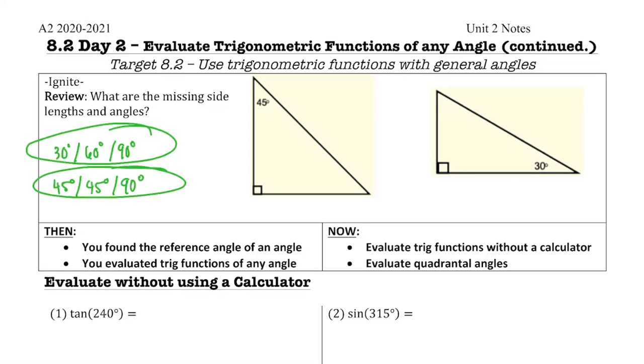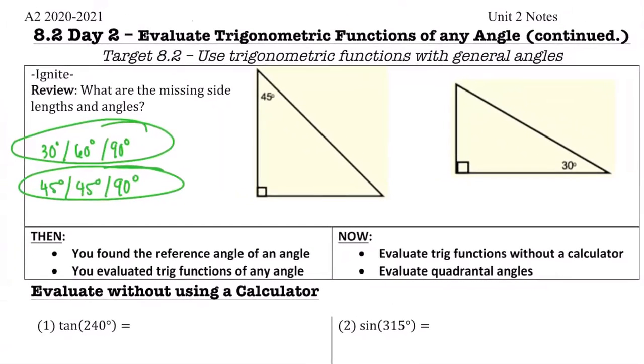That's because that angle always produces side lengths that end up reducing in these ratios. So it doesn't mean your sides are always going to be the same, but since we reduce fractions, they're all going to reduce to these specific side lengths.